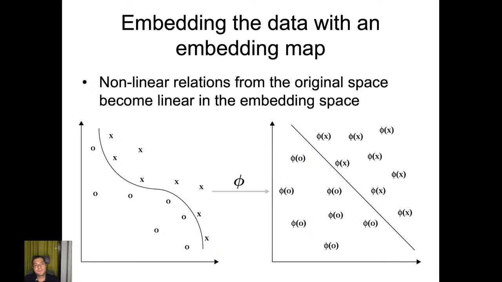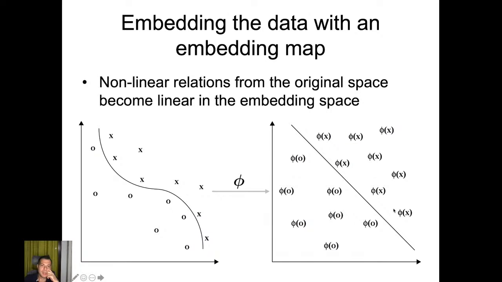So there are different similarity functions that can be used here, and they can provide different performance levels. Okay, so about the embedding, imagine that you have this two-dimensional space, and then you embed the data from this space in a three-dimensional space where the relations become linear, or even a higher dimensional space where non-linear relations from the original space become linear in the embedding space.